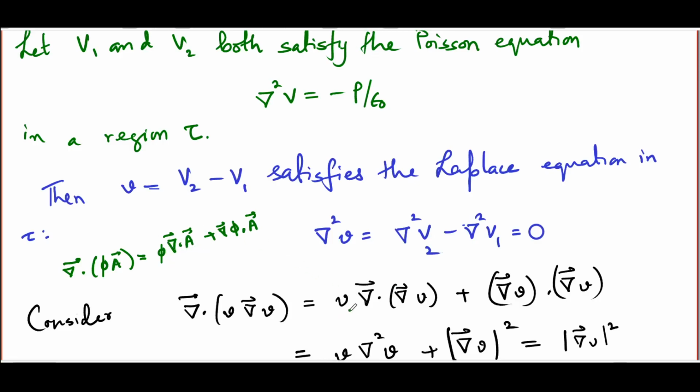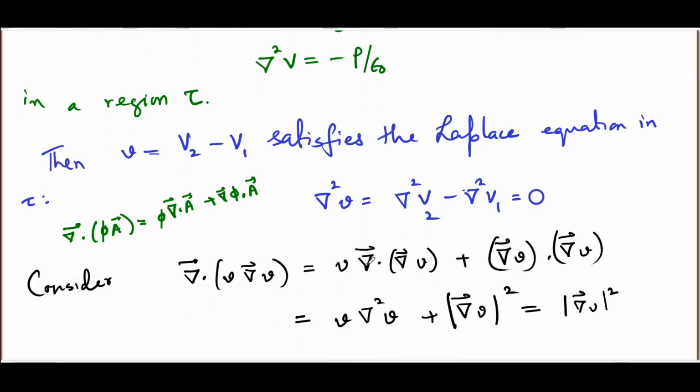Phi divergence of a becomes small v divergence of gradient of small v, and gradient of phi dotted with a becomes gradient of small v dotted with gradient of small v. Now, the identification that we had talked about at length in the last lecture, divergence of the gradient of a scalar field, is called a Laplacian.